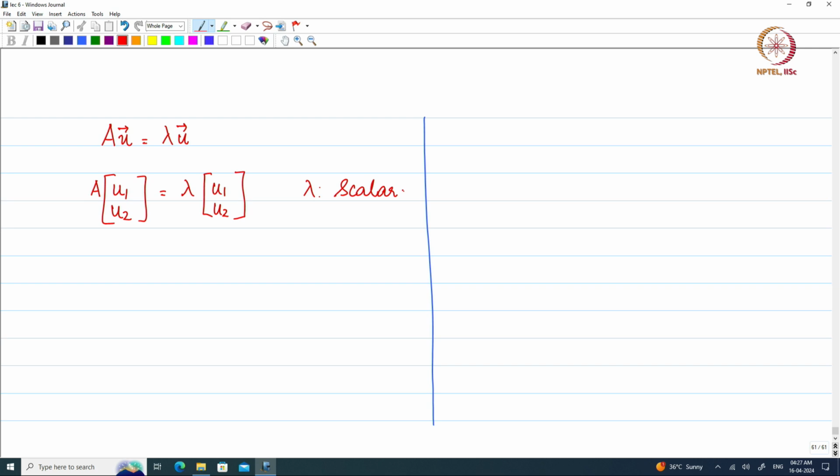Okay. Now, how do we find the values of lambda and how do we find u? So, the question is, how do we find lambda and how do we find u?